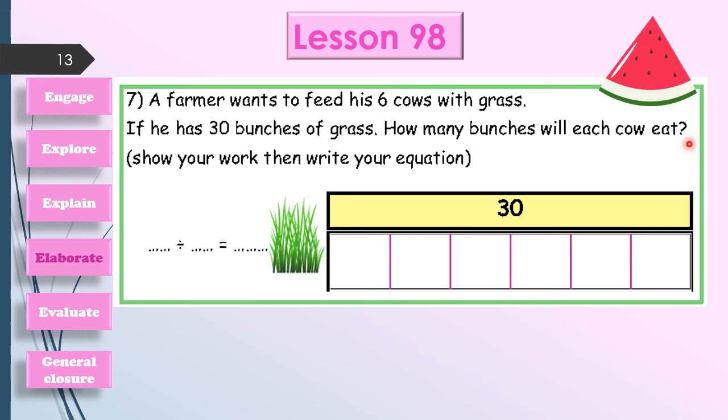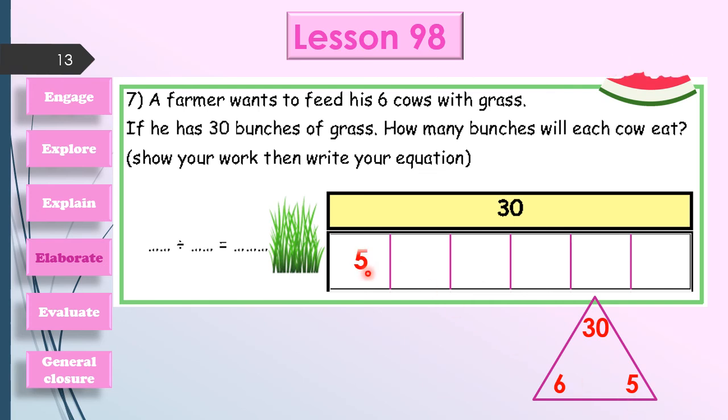Now let's use our mental math. Here we have 30 and 6 parts, 6 cows. I will divide them equally among them. Here we have 30 at the top and 6 at the base. Then ask yourself, 6 by what equals 30? It will be 6 by 5. Then each cow will eat 5 bunches of grass. 5 and 5 and 5 and so on.